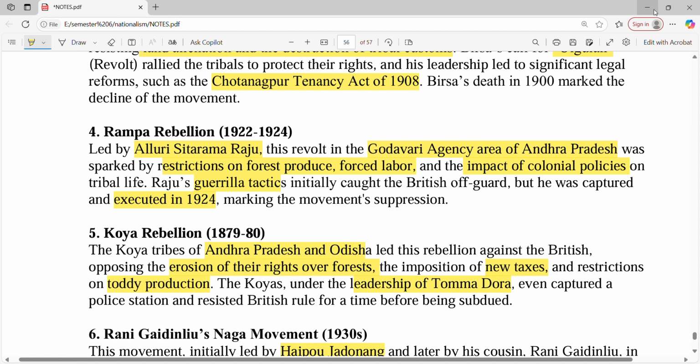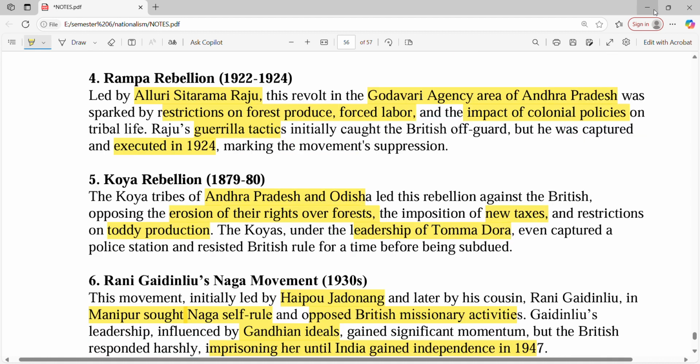Reasons were forced labor, embargoes on forest produce, and restriction on tribal agriculture. In 1922, Raju and 500 tribals attacked police stations, stealing rifles and ammunition, gaining attention for their guerrilla tactics. The British forces struggled to contain the uprising, capturing and executing Raju in 1924, leading to the violent repression and arrest of many activists.